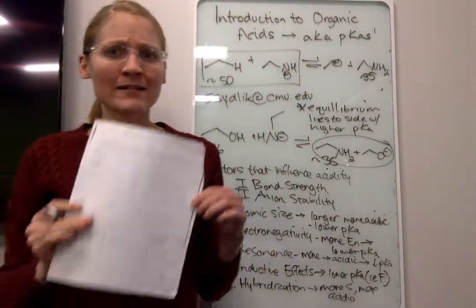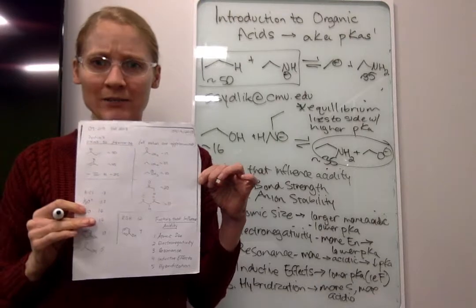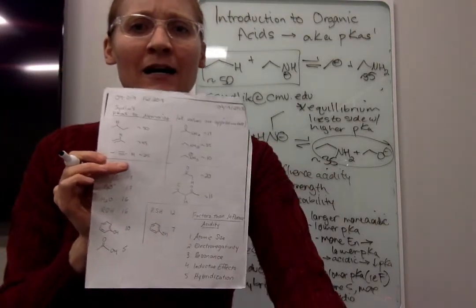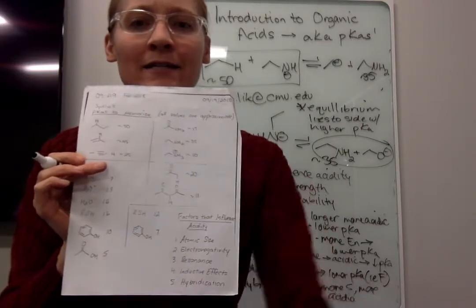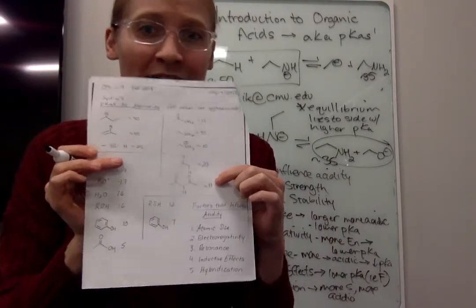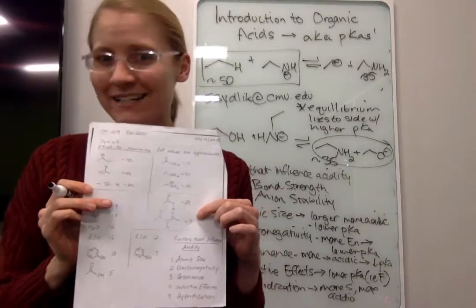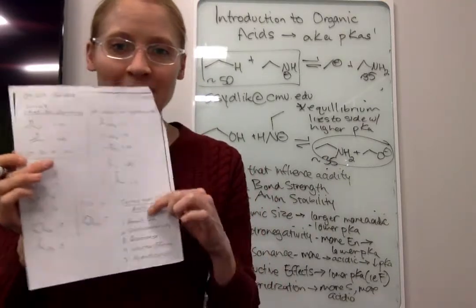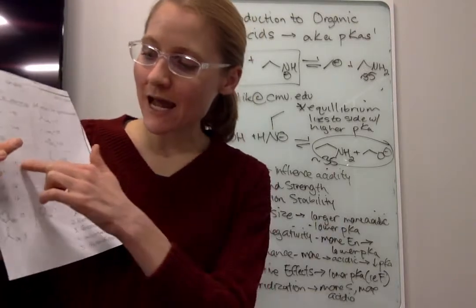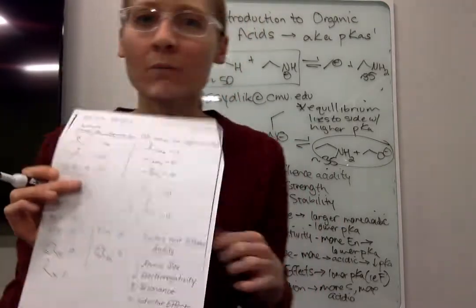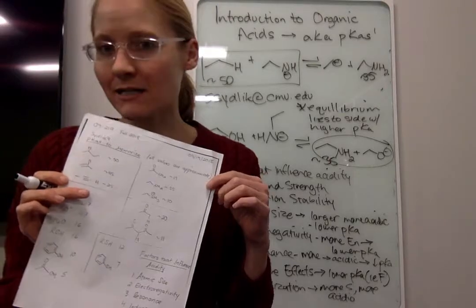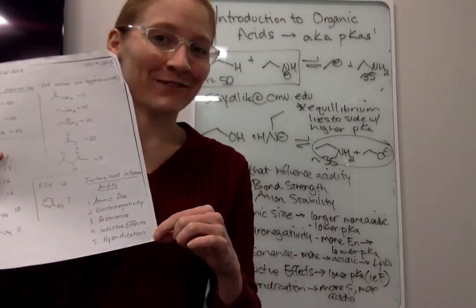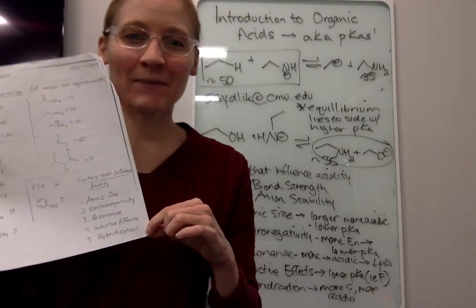And if you are in my class, just feel free to ask me for this table. This table is what I think is most important, and it has relative pKas. They're about right, easy to remember pKas. What we want to remember with these is just that the lower pKas, things like HCl, are more likely to lose that proton and act as an acid in solution. And then I include the factors that influence acidity for convenience as well.